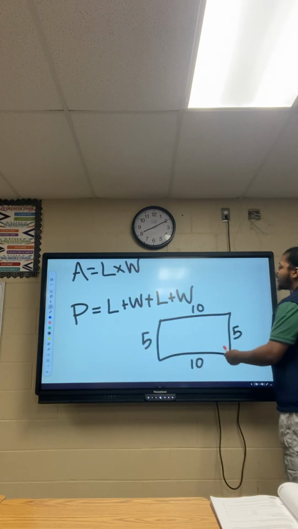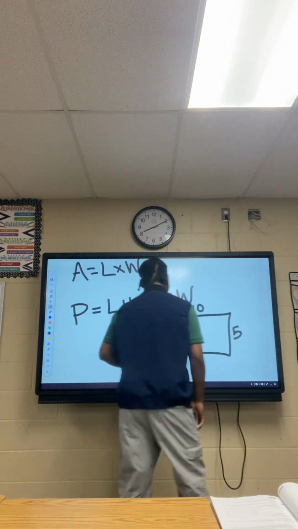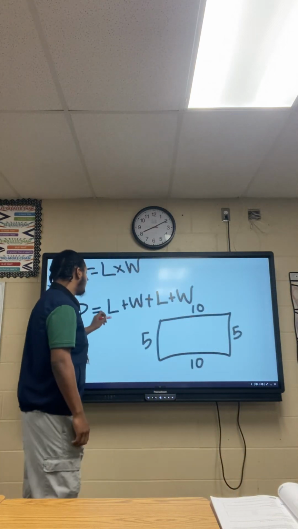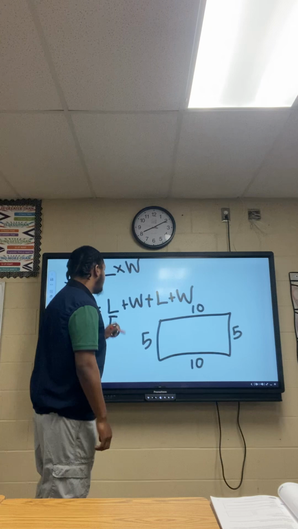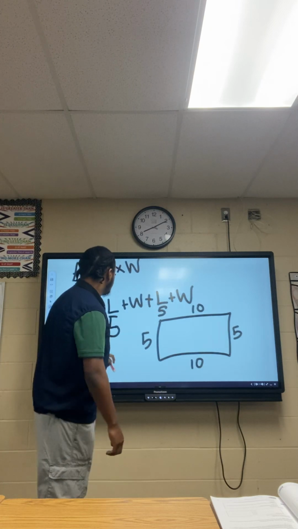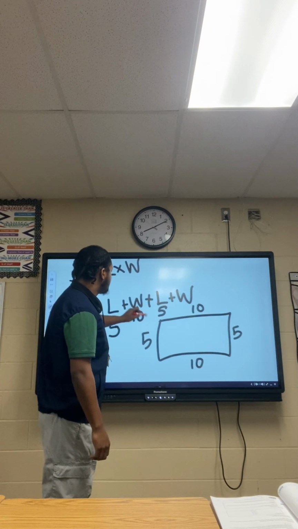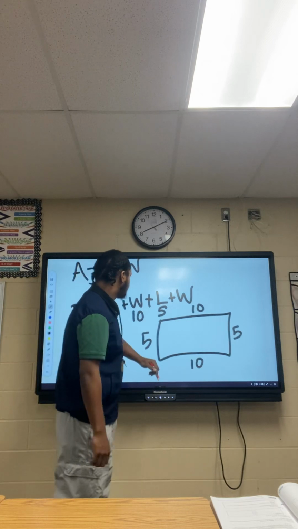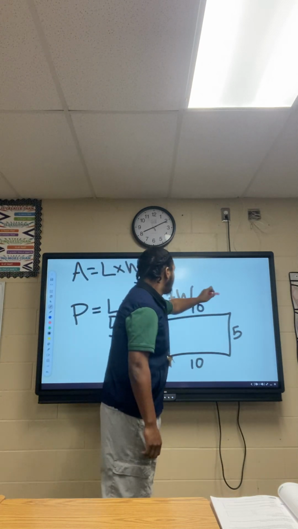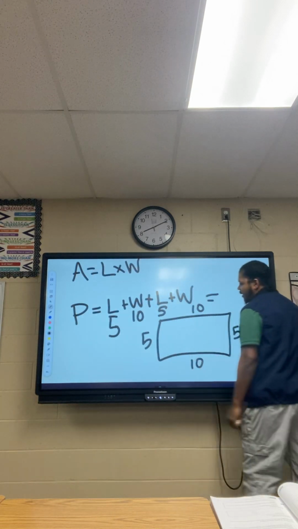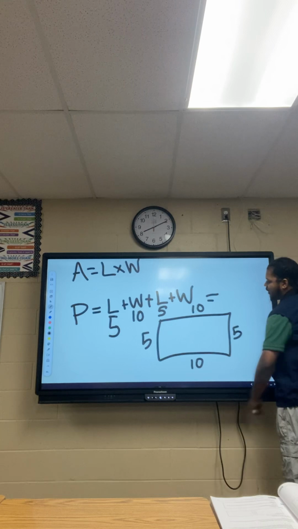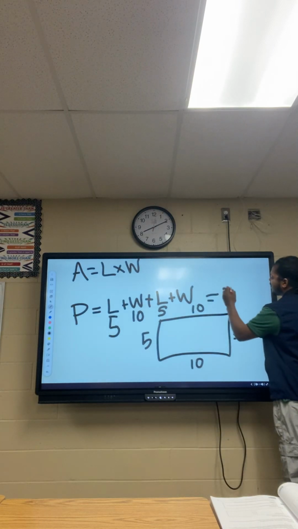Okay, so now we can go ahead and fill our numbers in. So if our length is 5, we'll go ahead and put 5 under there, and 10 here, and the 10 is already there for my width. So now we can add these up. So we got 10 and 10, that makes 20, plus another 10 is gonna give us 30.